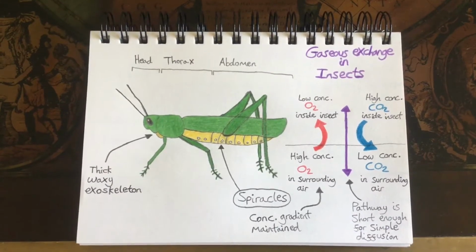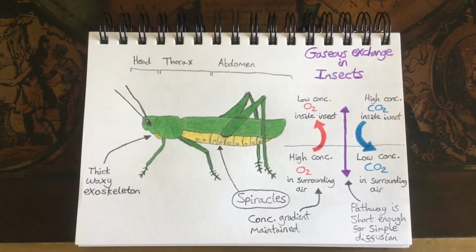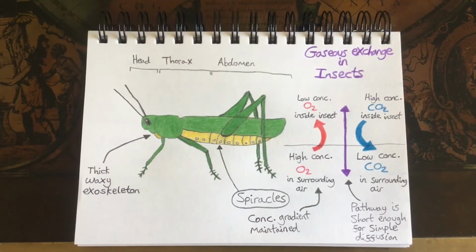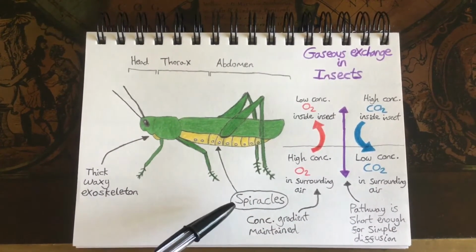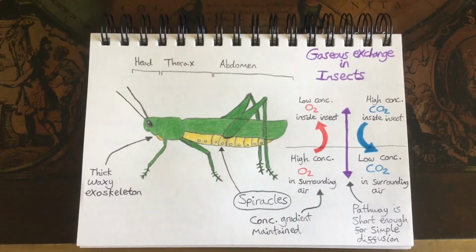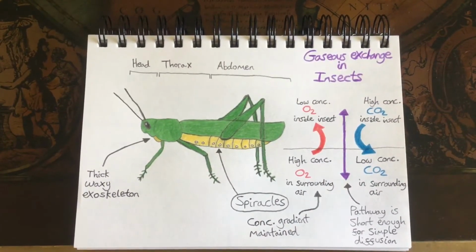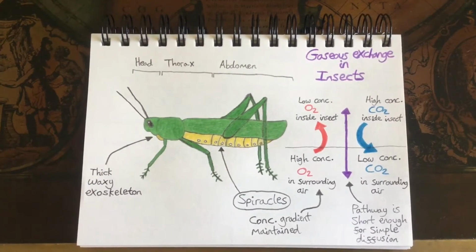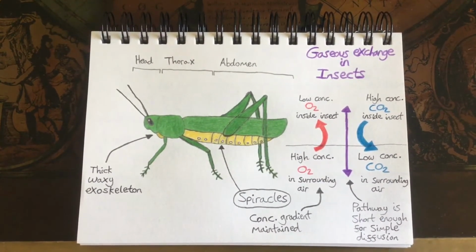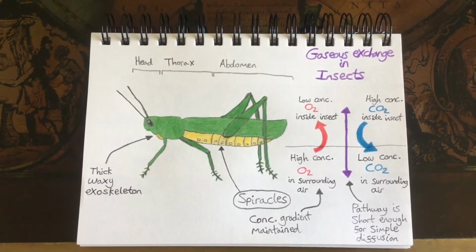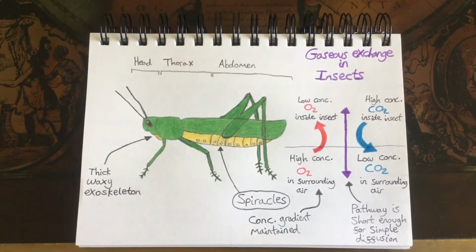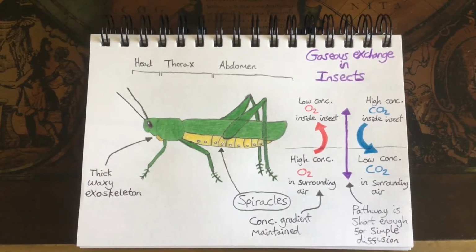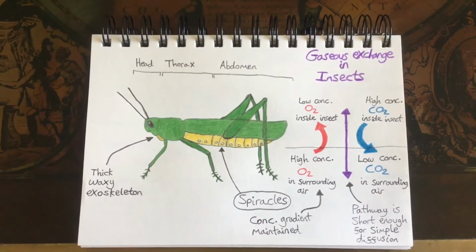So to get around this problem, what the insects have along the abdomen and some also along the thorax are these things called spiracles. So spiracles are effectively holes along the abdomen and the thorax that allow these gases and water to actually get through. So the gases can move from the external environment to the inside of the insect, or from the inside of the insect to the external environment via the spiracles.